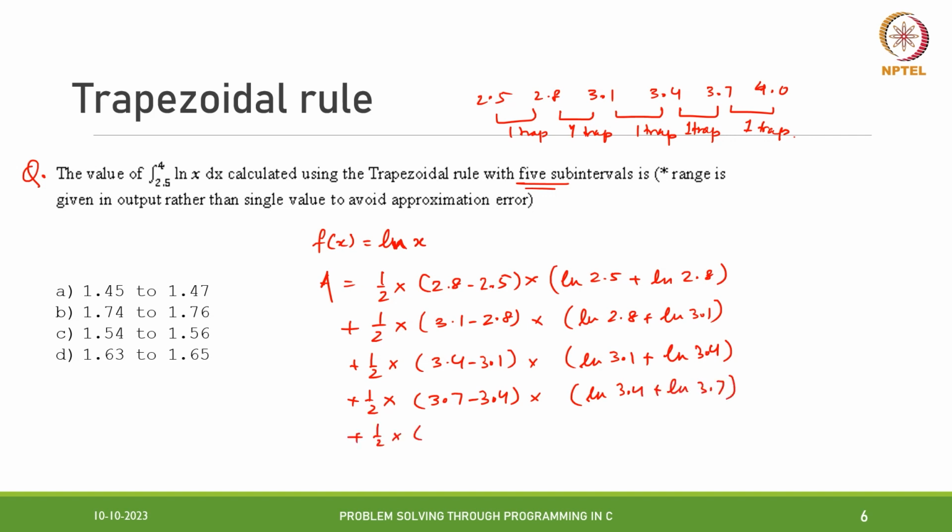Fifth segment would be (4.0 minus 3.7) multiplied by (ln of 3.7 plus ln of 4.0). So these are the 5 segments. We will calculate the values at all of these, and it will come somewhere in the range of option B. You can check that out.